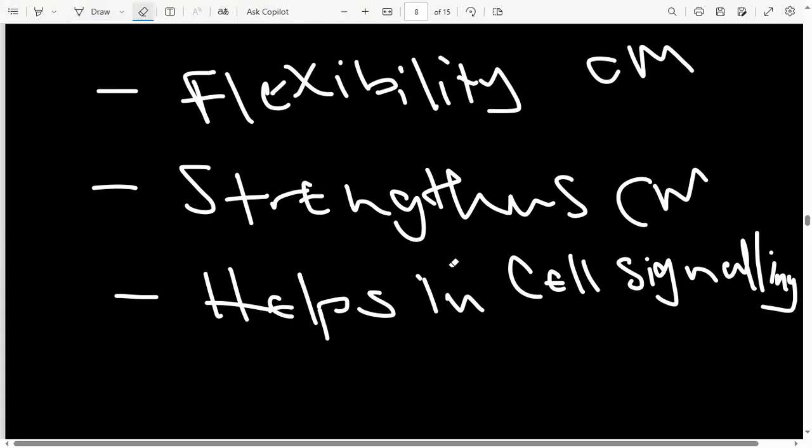So for the cell membrane to know that this substance has to go in, this substance I cannot allow, it is the cholesterol that will help. So these are the three functions of cholesterol in the cell wall, in the cell membrane, I mean. Why am I saying cell wall?